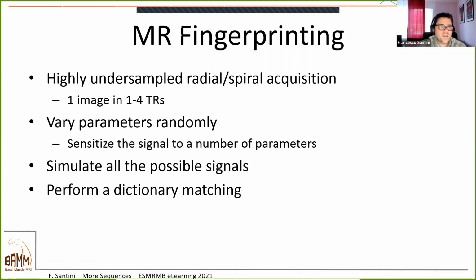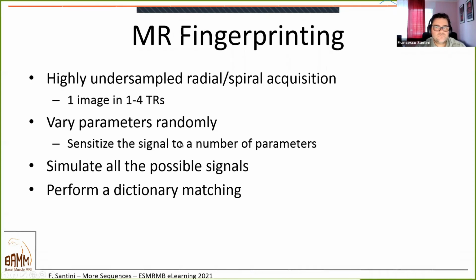You were varying the TI, or the TE, or the flip angle. Now you vary everything, more or less at random. So you make a sequence that is completely crazy. You vary the TR, you vary the flip angle, you vary the TE, you put inversion pulses, so that the signal is as crazy as possible.